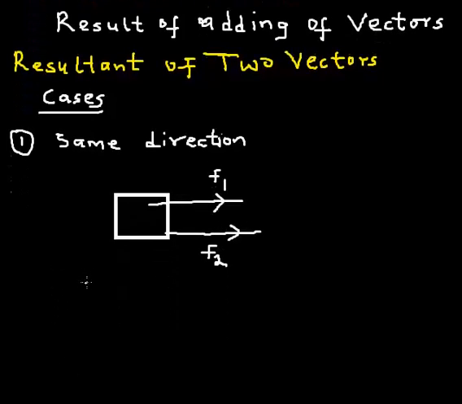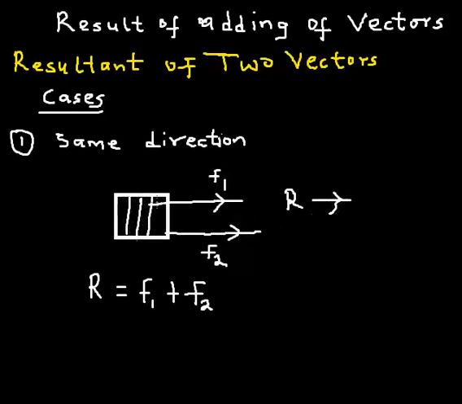The resultant is going to be equal to the sum of the two forces. So when vectors act in the same direction and you want to find the resultant, you just add. And of course, since the resultant is also a vector quantity, I should also express the direction. So the resultant of these two forces will also go in the same direction as the two forces.